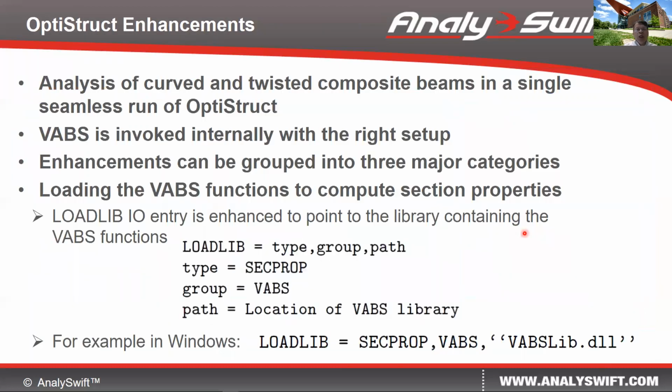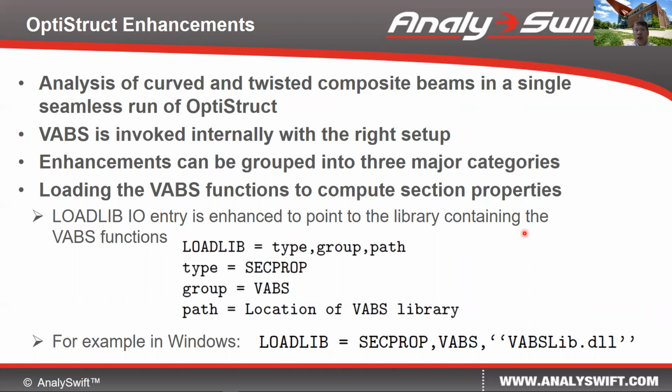Compared to the previous OptiStruct, because of the integration of VABS, we have several enhancements. First, curved and twisted composite beams can now be analyzed within one single run of OptiStruct. Second, VABS can be invoked internally. And there are three types of enhancements.